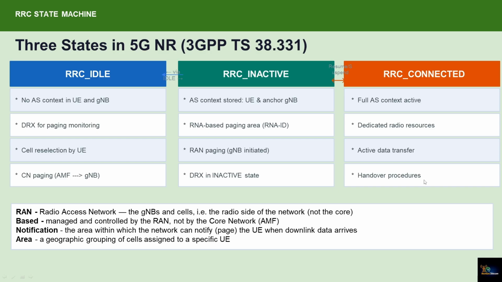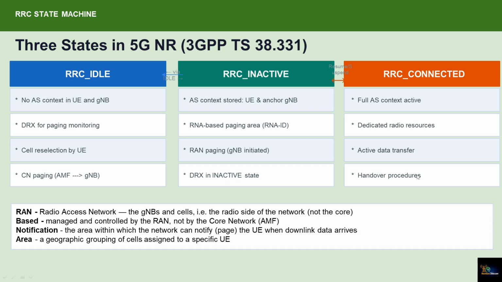In idle state, suppose you move around, in that case it has to update the main core network every time it crosses the boundary called the tracking area.